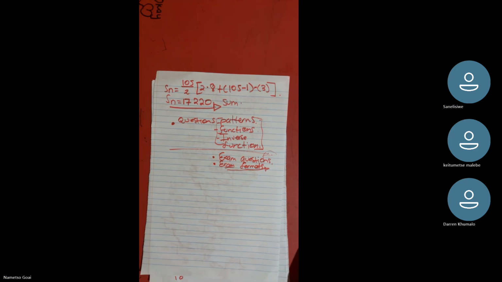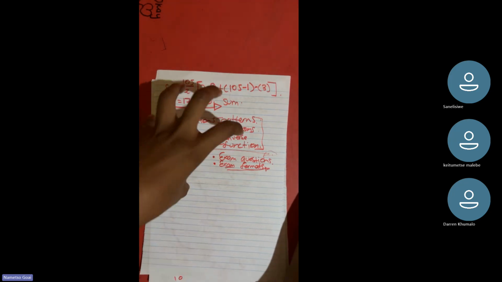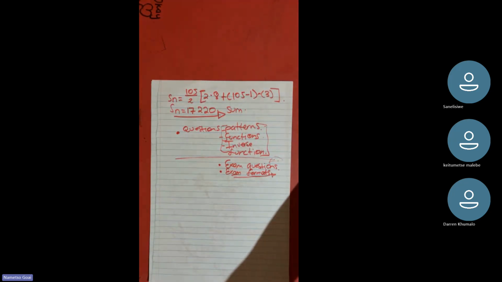Trigonometry is very easy. I don't think people should struggle with it, because grade 12 trigonometry just needs grade 11 application and a little bit of addition. Even if you don't think it's difficult, we're going to do it thoroughly.